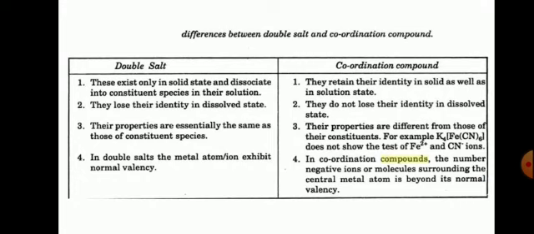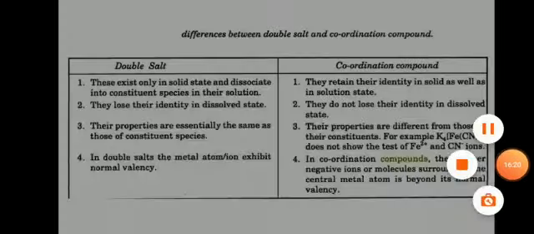But in a coordination compound, the properties of the Fe+2 ion and the [Fe(CN)6]4- complex will not be the same, as it has formed a coordination compound. This helps us understand that double salt and coordination compound, even though their molecular formulas look identical, are very different from each other.